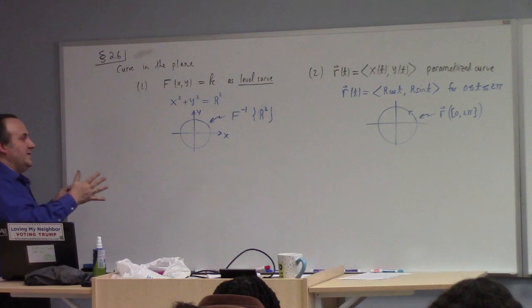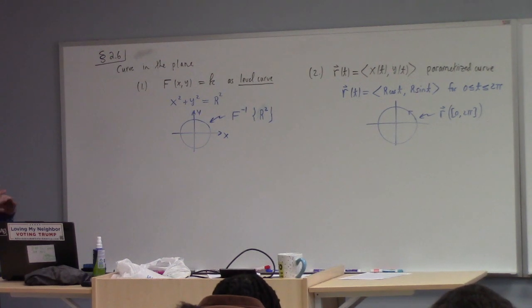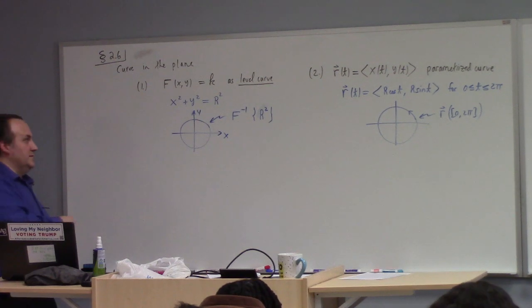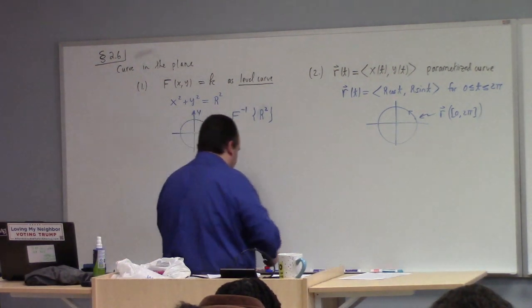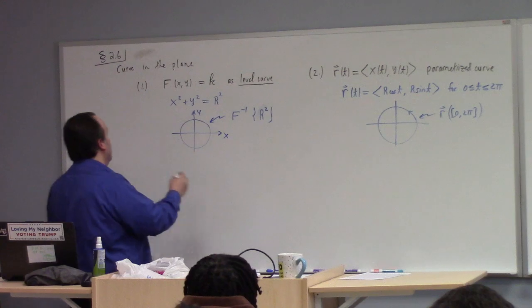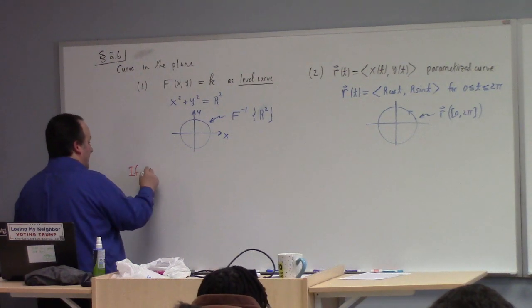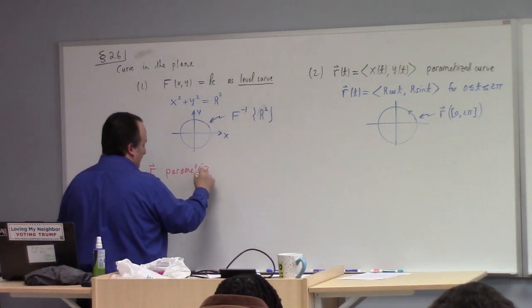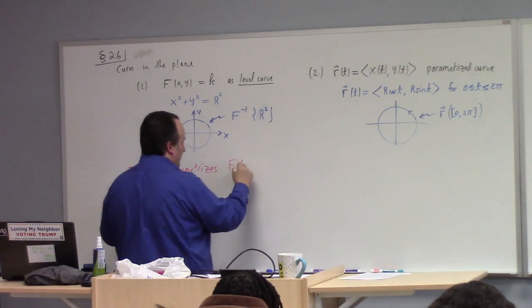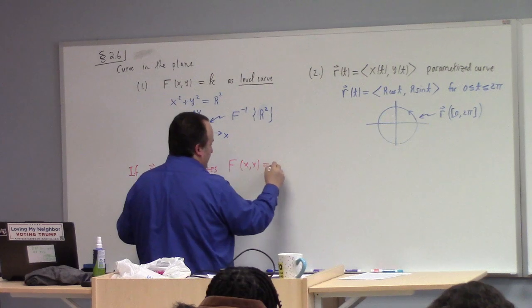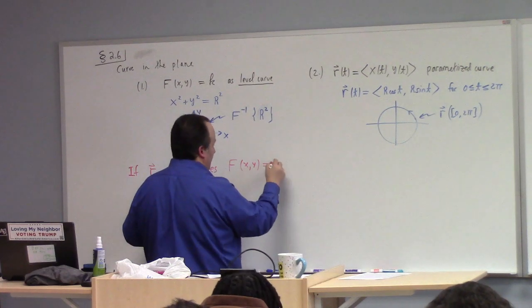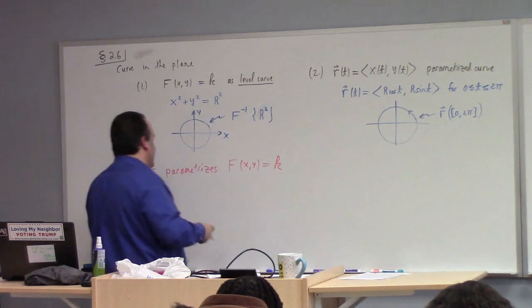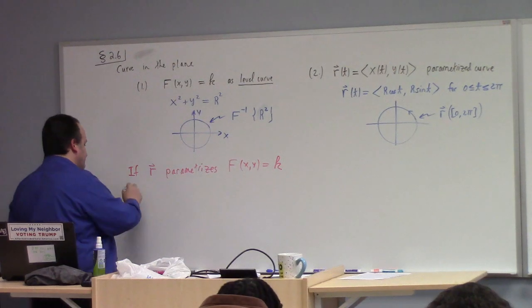Now, if we're describing the same curve in both ways, how do they have to be connected? If you have a parameterization of a level curve, what does that mean? If r parameterizes f of x comma y equals, say, k, then what does that mean?